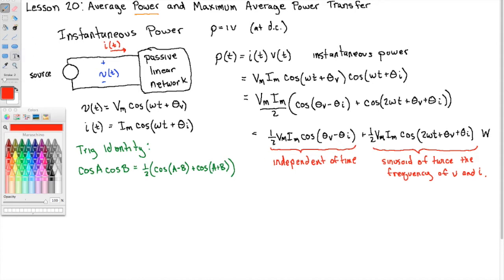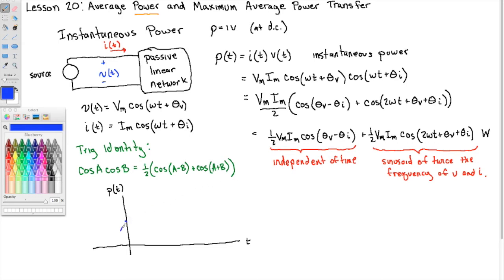Alright, so I'm going to make a sketch of this. P of t. Right, so first of all, there's that constant term that's independent of time. So this is positive, or let's say it could be positive. So I have to draw something here. I'm just going to make an assumption that maybe that constant is up here. And then this thing is going to oscillate with time.